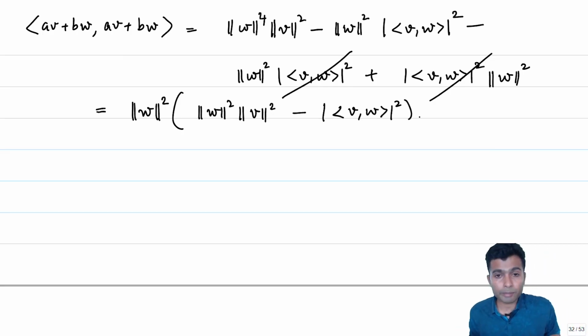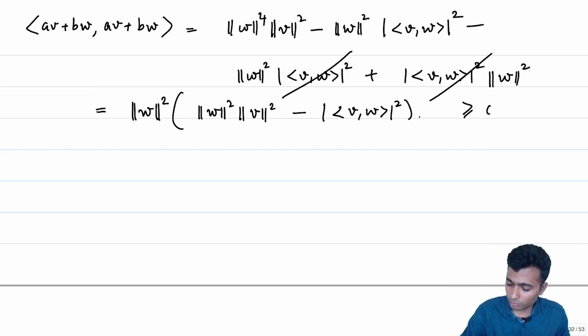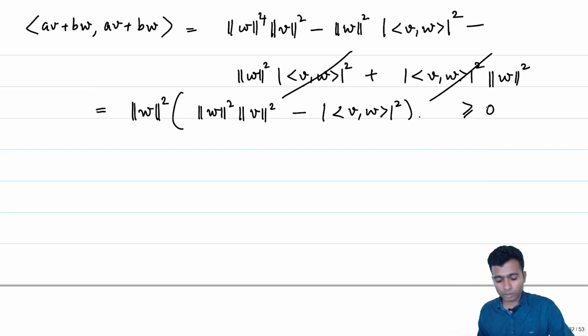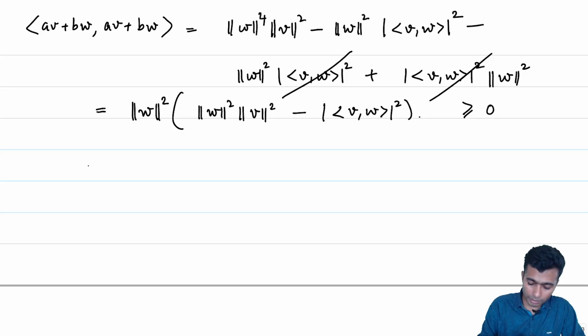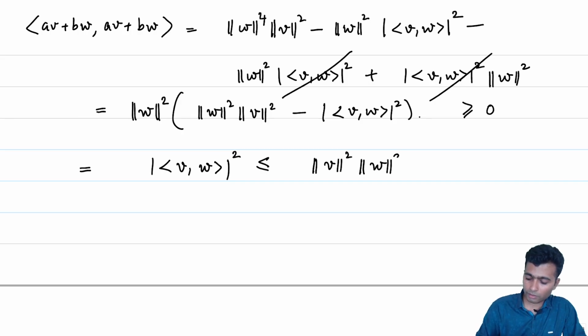But by positivity, we have just observed a few minutes back that this is greater than or equal to 0, and the length of W square is also a positive quantity. Therefore by multiplying by the reciprocal, we get the absolute value of the inner product of V and W square is less than or equal to the length of V square times the length of W square.